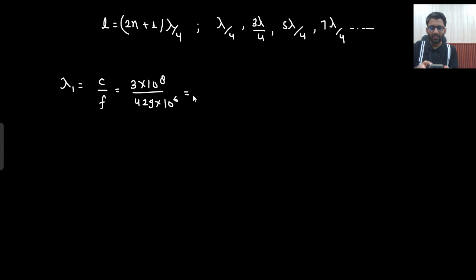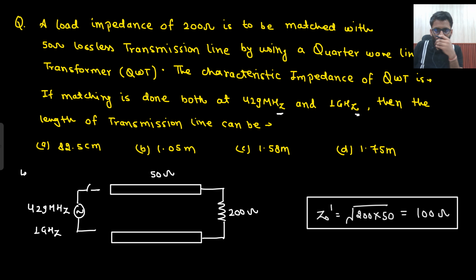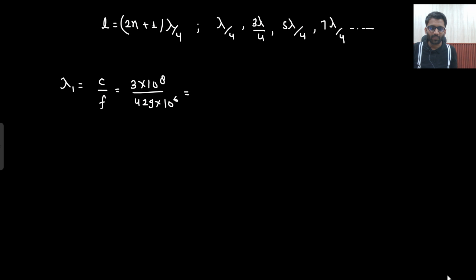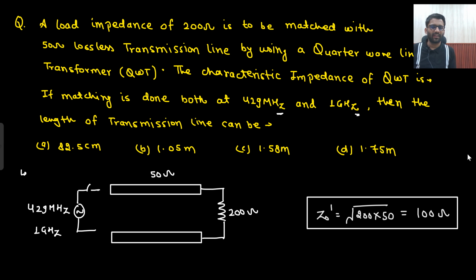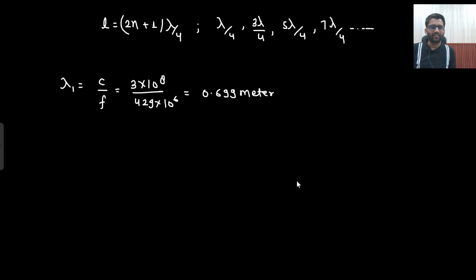So what are you getting? 3 upon 4.29. We are getting 0.699 meter. Or I can write 69.9 centimeter or 0.699 meter. Since all the options are in meter only, let it be in meter. So this is your lambda.